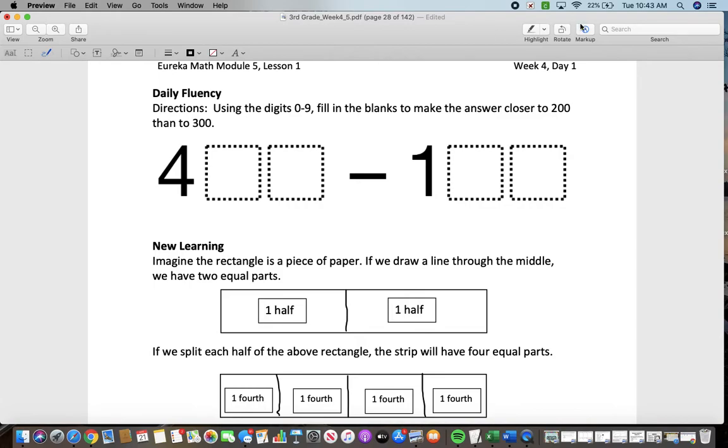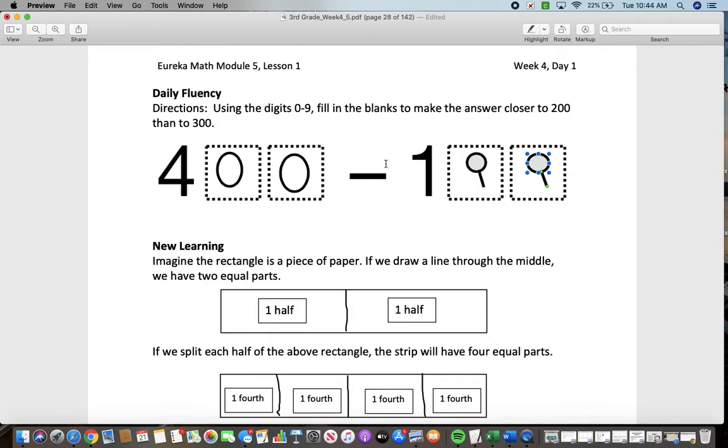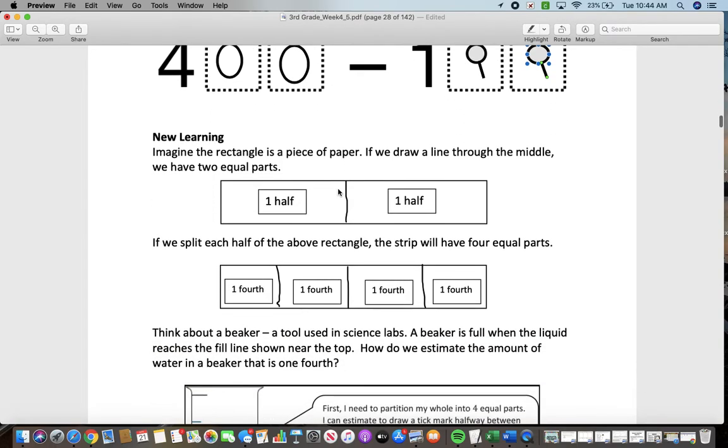Okay, so if I were to mark it up and draw on here, and I were to have 400, and then let's say I were to have 199. Okay, 199 is really, really close to 200, and we know that 400 minus 200 is 200. So notice how I got it as close as I possibly could without changing the 1. That is what I was asking you to do.